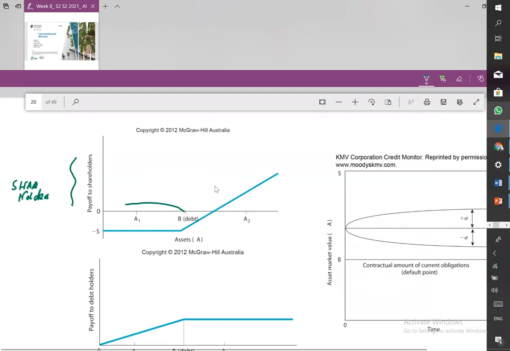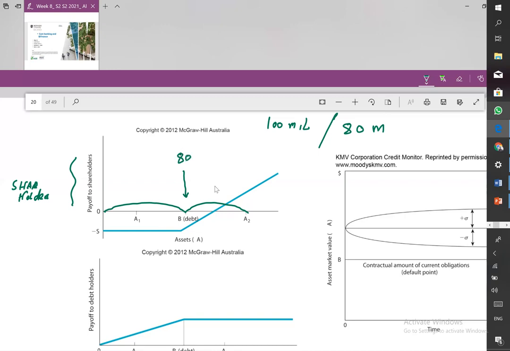It can be A1 or A2, and it can be this area. So this area here is the debt. So if the value of the company is 100 million, and the loan is 80 million, the 80 million will be here.